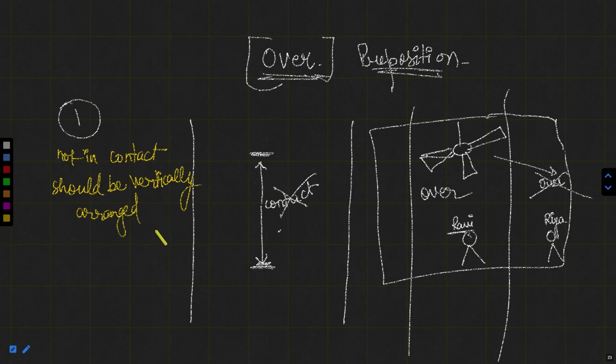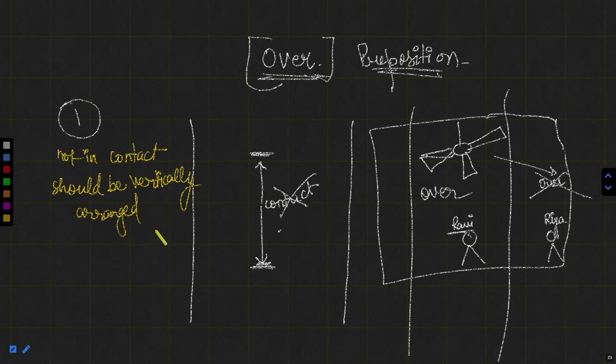And the third thing is one thing should be above another thing. So these are the three conditions in which we can use over as the first use of the preposition over. This is how we can use the preposition over.